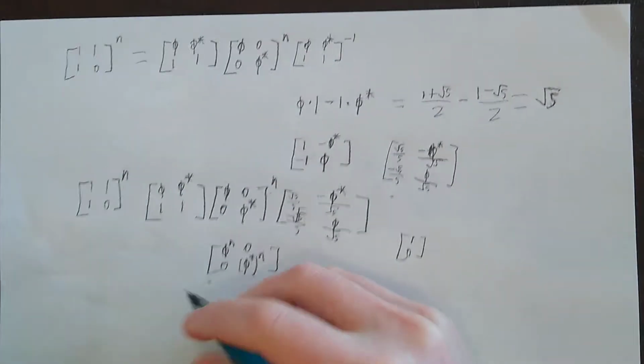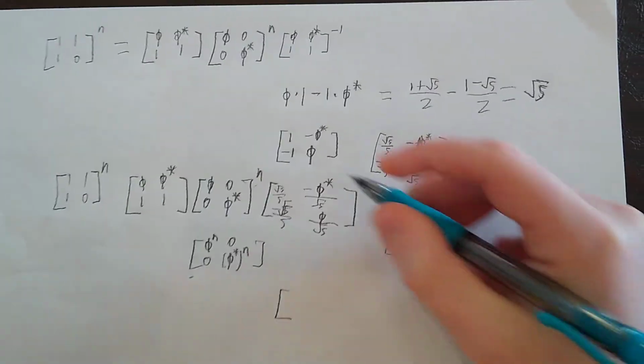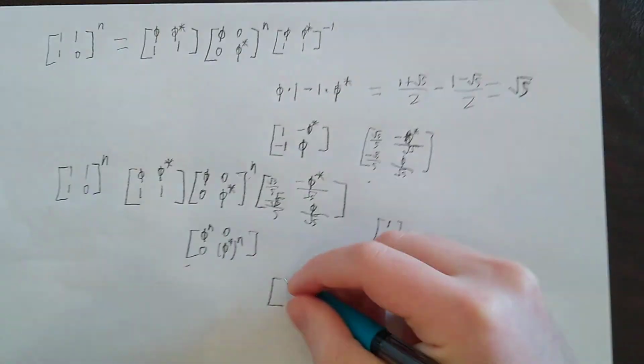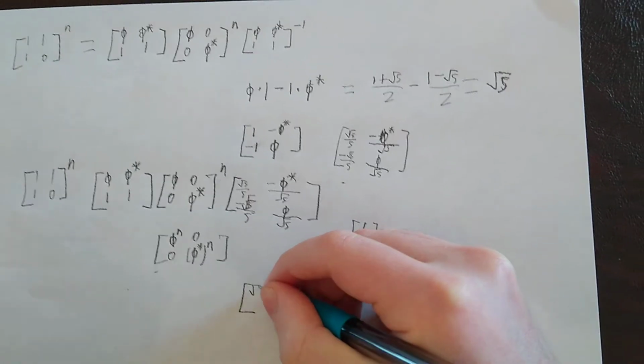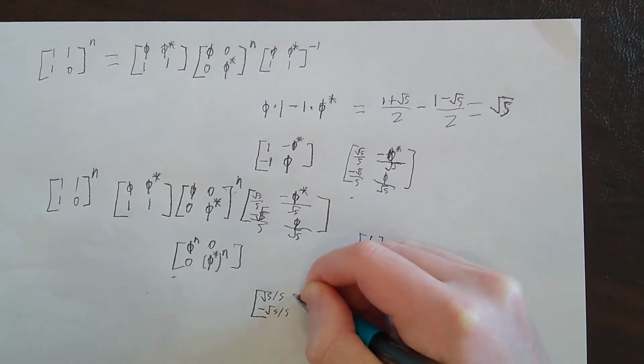So we're going to get this vector here. Remember it's 1, 0, and 1, 0. So it's going to be square root of 5 over 5, negative square root of 5 over 5.